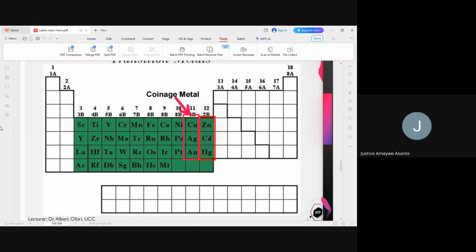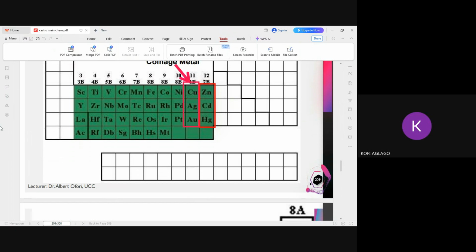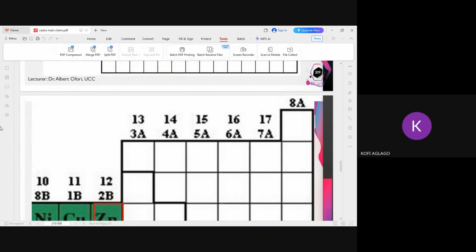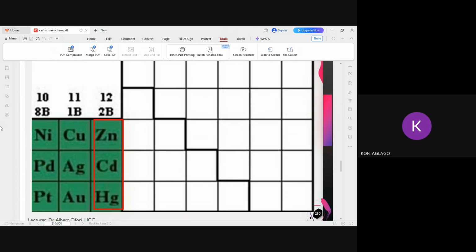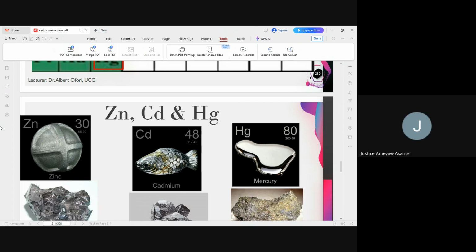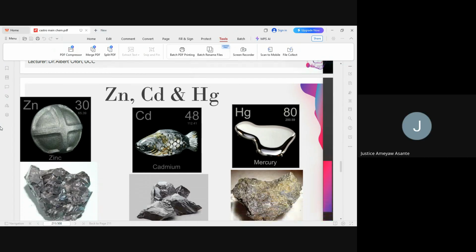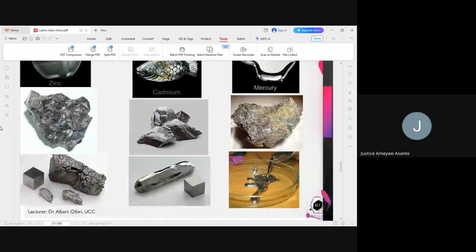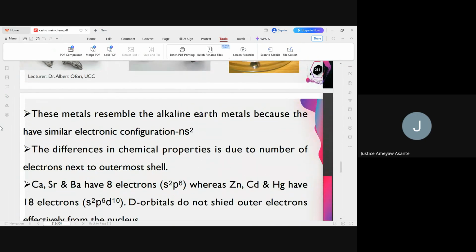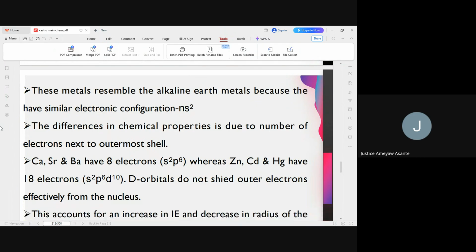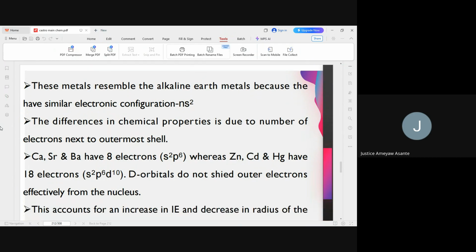Copper, silver, gold, zinc, cadmium, and mercury. So we have zinc, cadmium, mercury. These metals resemble the alkaline earth metals because they have the electronic configuration ns2.